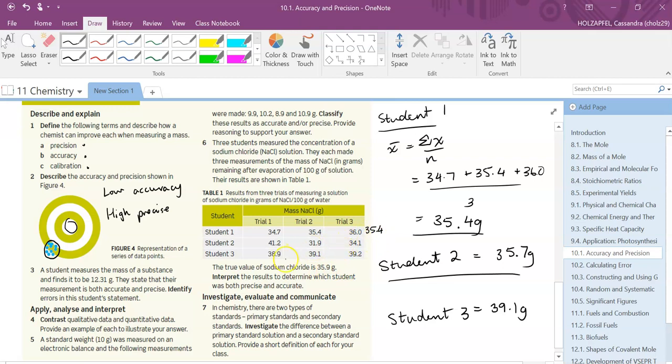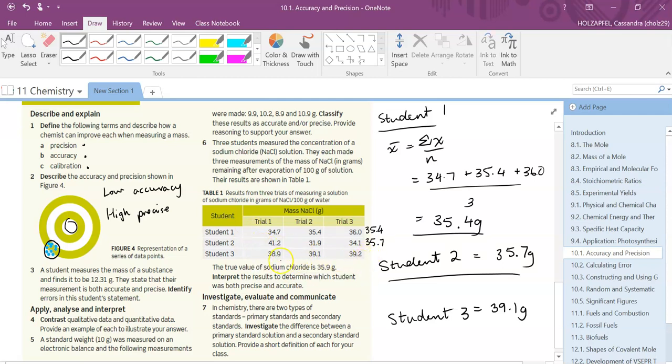Let's have a look at this next one. 41.2 grams, 31.9 grams, and 34.1. Ooh, so we can see here, this is a lot less precise. It is all over the shop. But if we have a look, the average is 35.7. So this is actually closer to our target value. So this student is highly accurate, but not very precise.